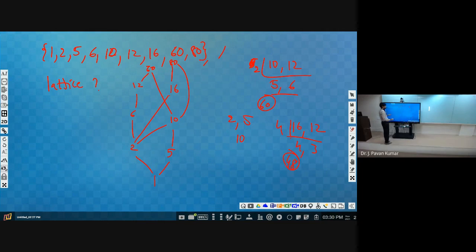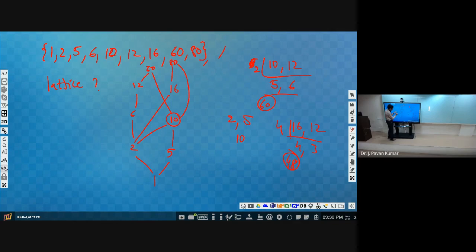So now you consider in this particular one 2 and 5. What is the join of 2 and 5? 10. Join of 2 and 5 is 10. Next, join of 2 and 6. 6.